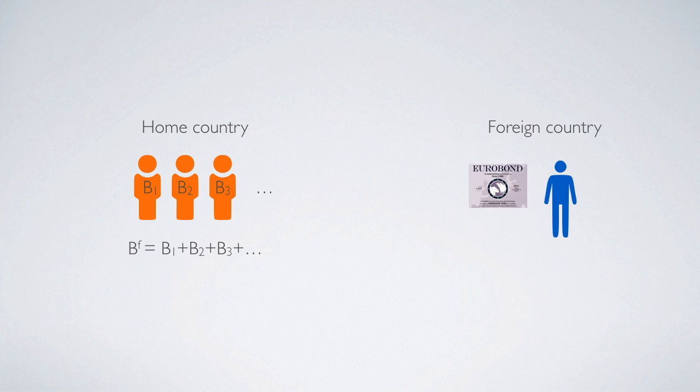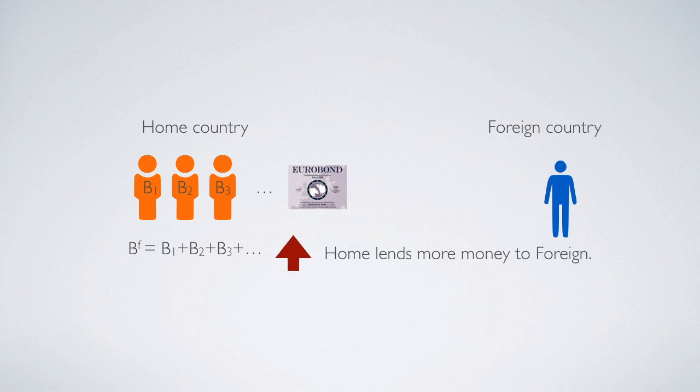On the other hand, if a foreign country sells bonds to the home country, then at least one of the citizens' bond investment positions will increase. It would mean that the sum of everybody's bond position, BF, will also increase. So what we have so far is that if the home country lends more money to foreign countries, it means the home country will buy more bonds, and the national bond investment position, BF, will increase.